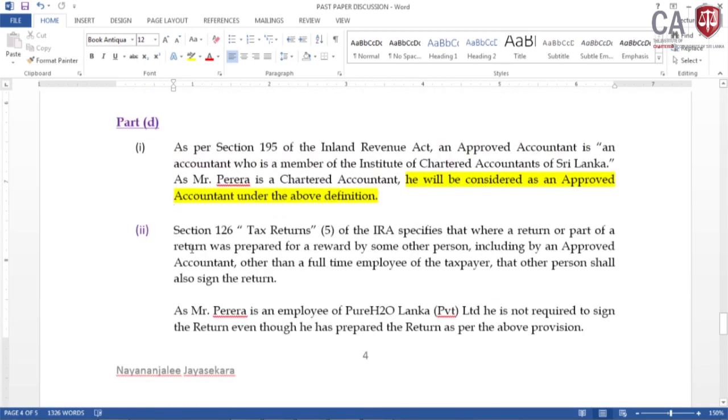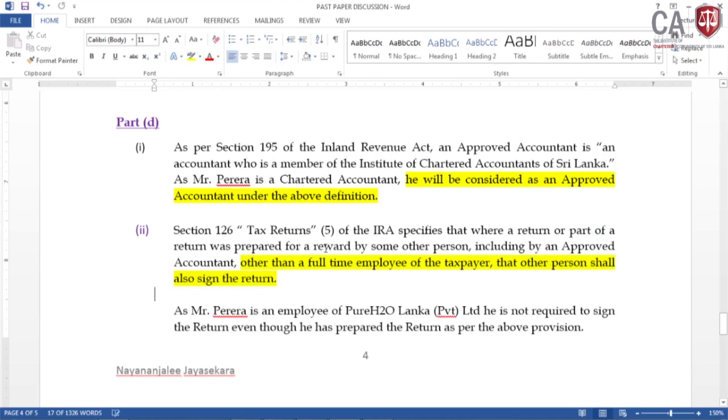Coming to here, section 126 subsection 5 of the Inland Revenue Act specifies that where a return or part of a return was prepared for a reward by some other person, including an approved accountant other than a full-time employee of the taxpayer, that other person shall sign the return. Here, note: other than a full-time employee of the taxpayer.